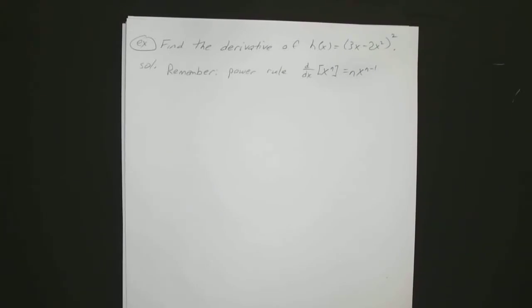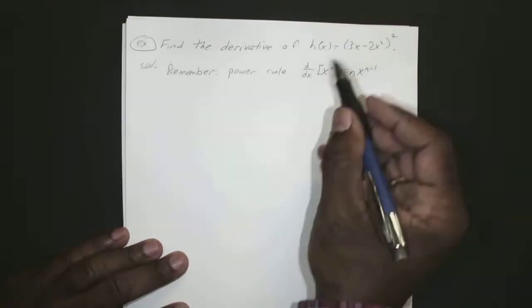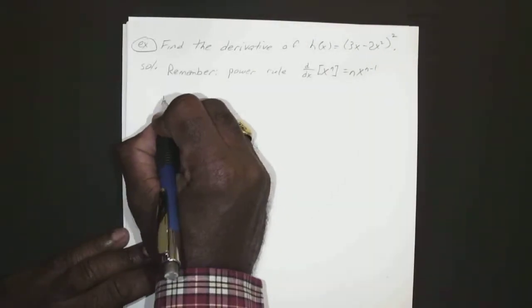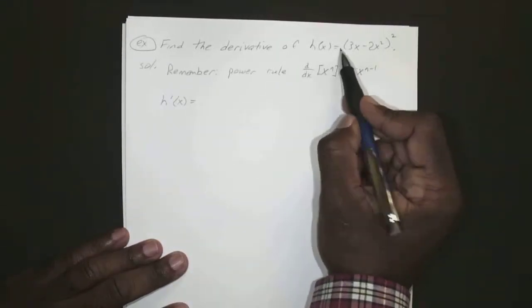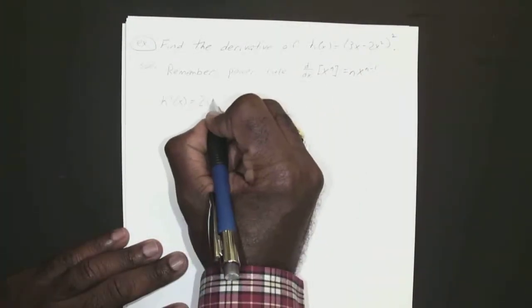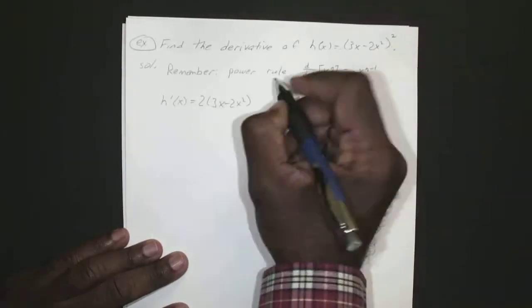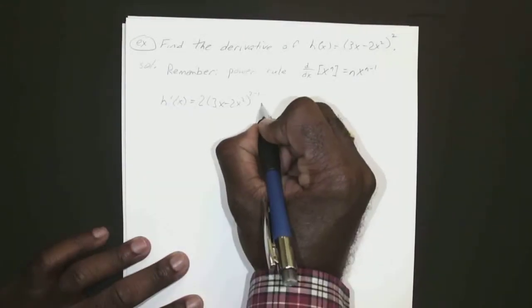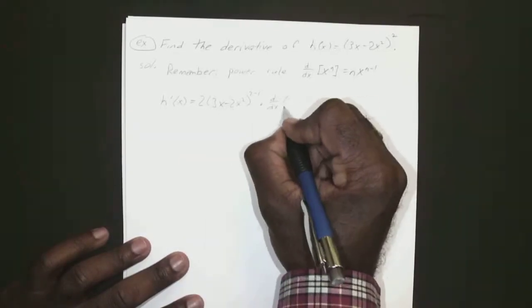So what we're going to do is apply the power rule to this entire thing. So that's our f prime of g of x. So h prime of x is going to equal, we're going to bring that 2 down to the front, (3x minus 2x squared) to the power of 1, and then we're going to multiply it by the derivative of what's inside.